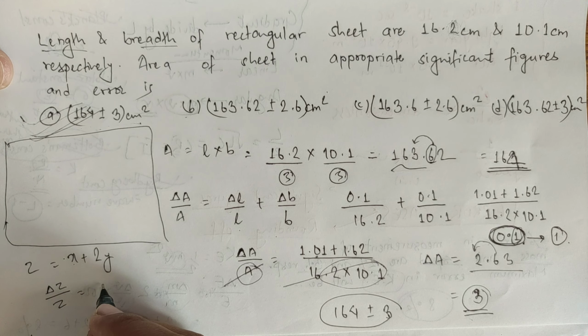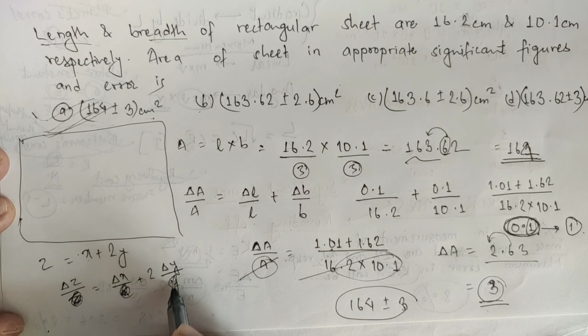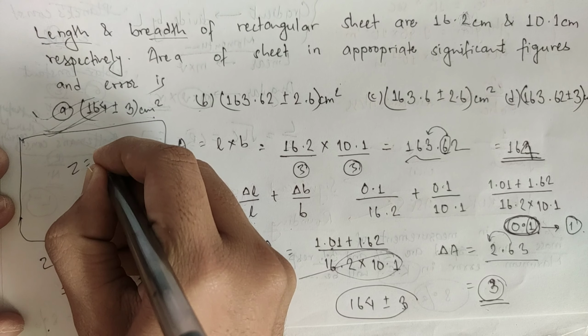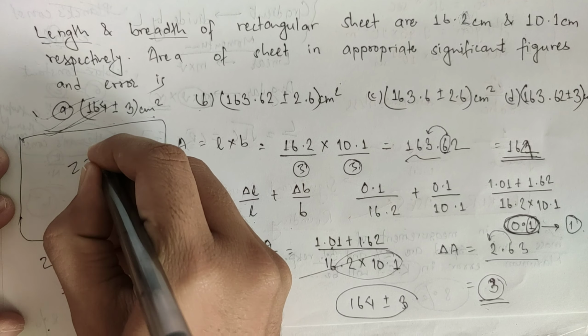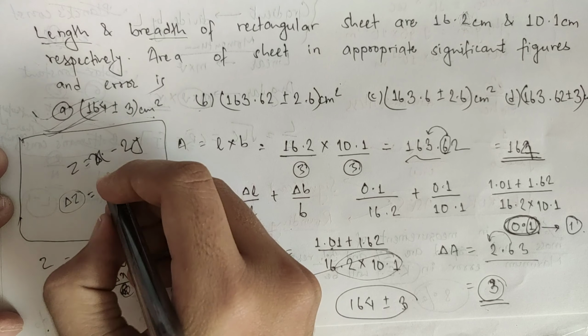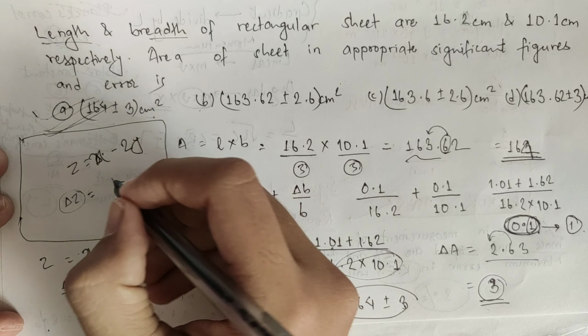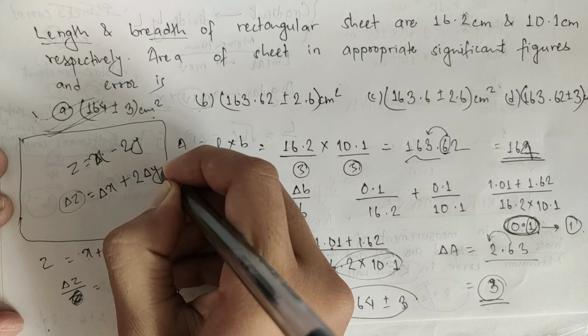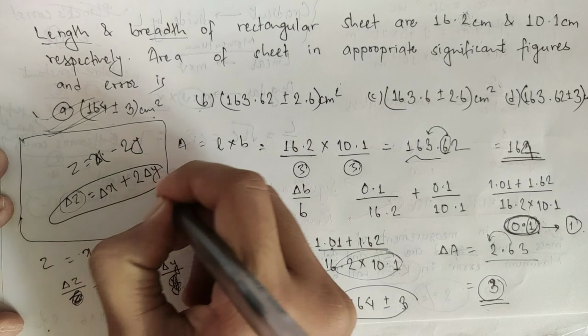Sorry, for addition you don't need this, only the upper part. If it was z is equal to x minus 2y, then your error delta z will be delta x plus 2 into delta y. You have to add the same for addition and subtraction.